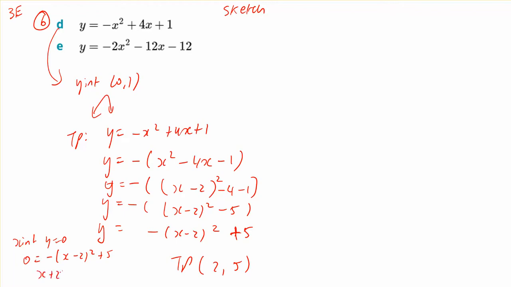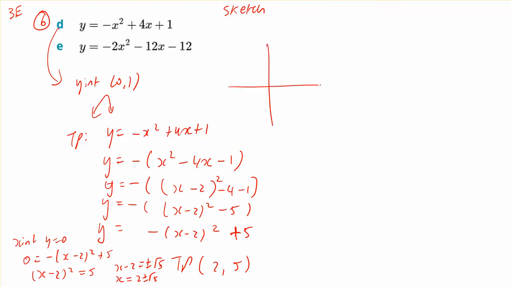It becomes positive, equals 5. I can square root both sides, so x minus 2 equals plus or minus root 5, to get rid of the square. So I add 2 to both sides, so x equals 2 plus or minus root 5. So I've got 2 x-intercepts, 2 plus or minus root 5.